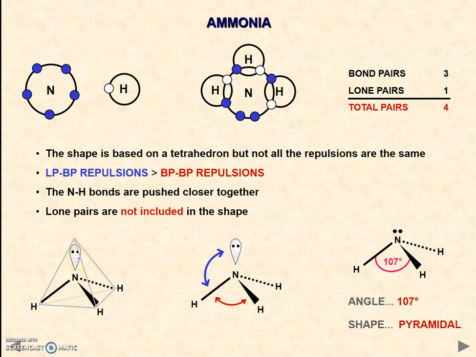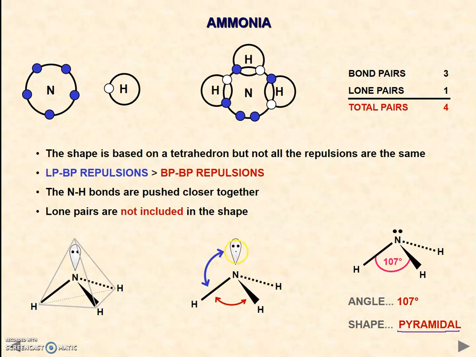But you cannot observe lone pairs of electrons. You can only observe atoms. And so whilst we know these lone pairs are here, we can't actually physically observe them. And so this shape is now called pyramidal, rather than tetrahedral.